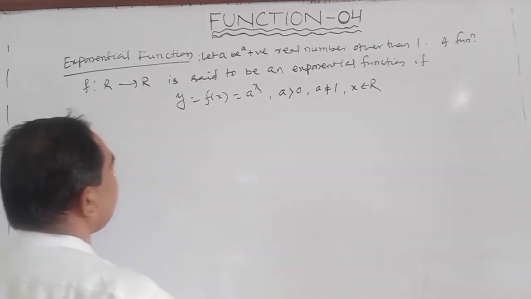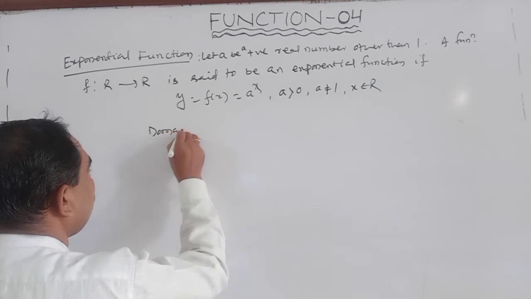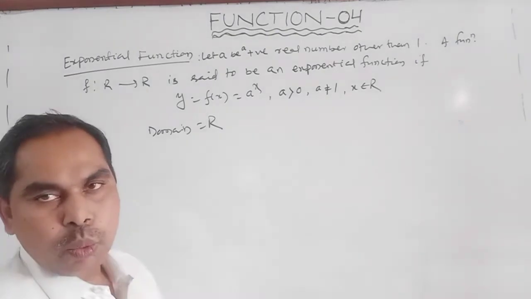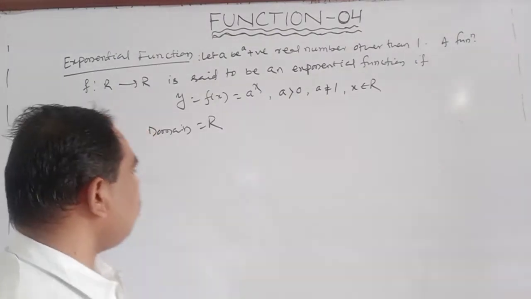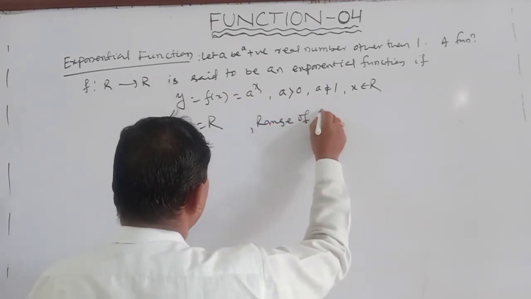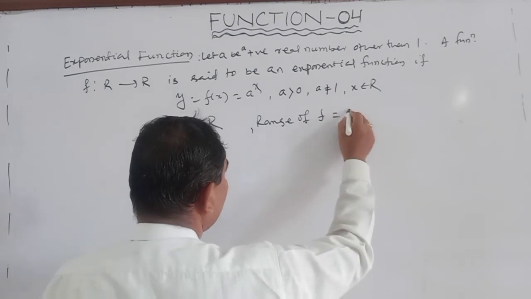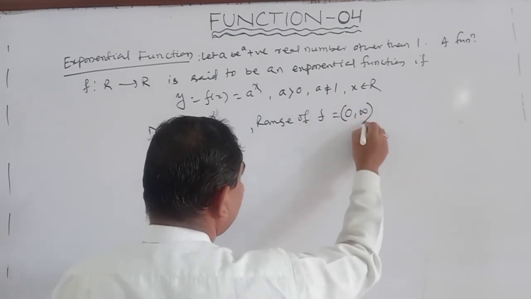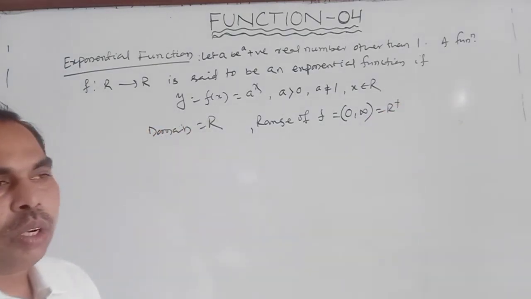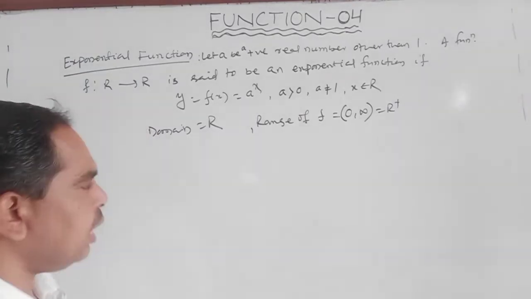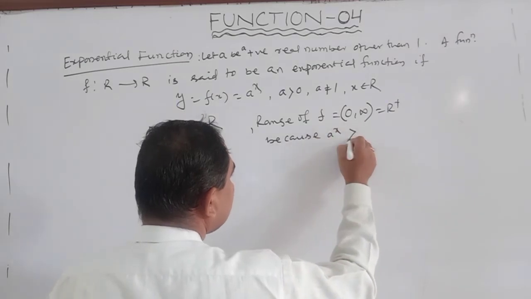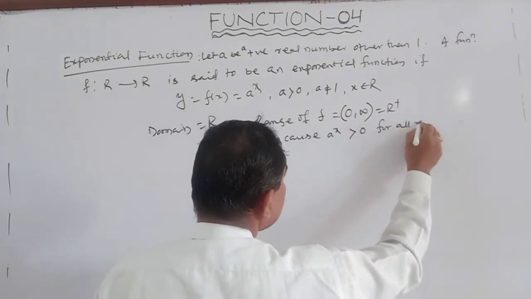So the domain of this function is the set of real numbers R, because for every real value of x, y is a finite value. And the range of f is 0 to infinity, only positive values, R plus, because a to the power x is greater than 0 for all x belonging to R.